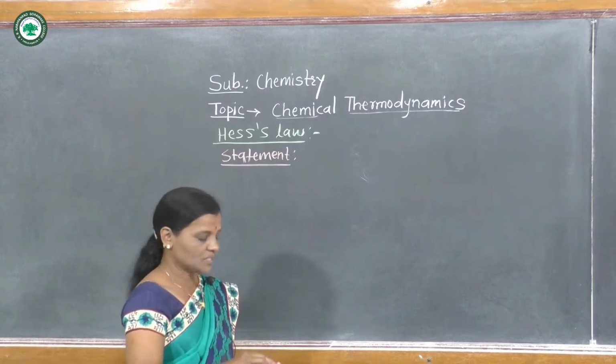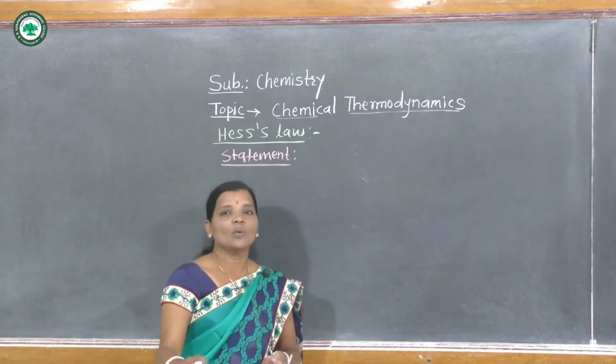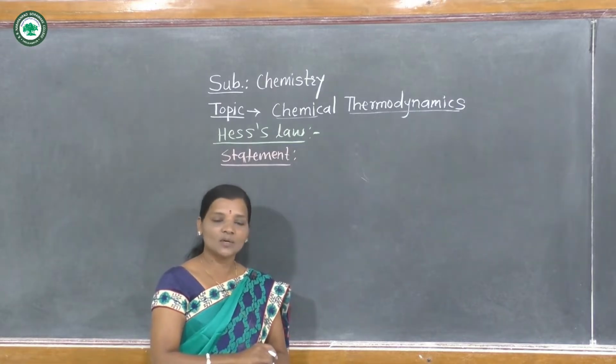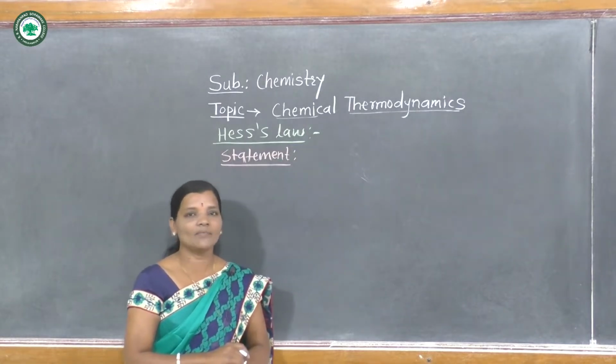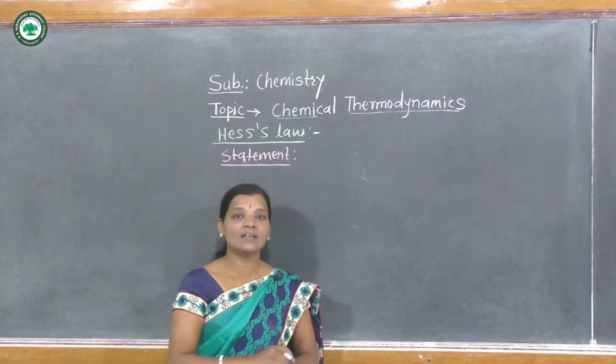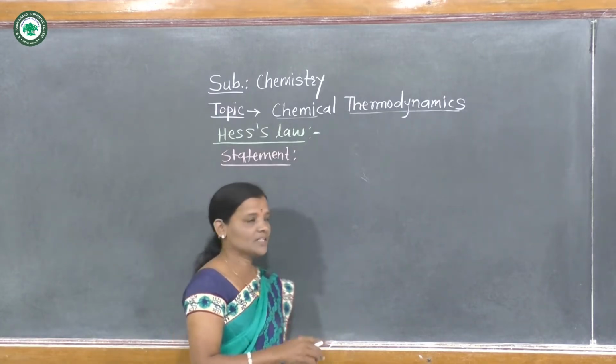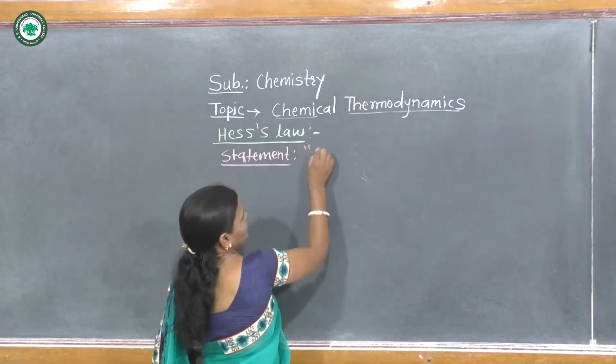The statement of this law is that overall enthalpy change for a chemical reaction is equal to the sum of enthalpy changes in individual steps in the given chemical reaction. Now let us see what is that statement.